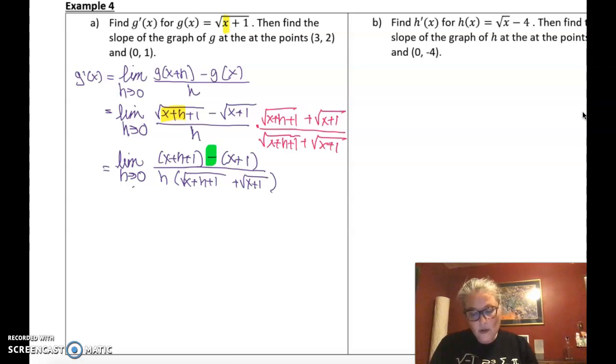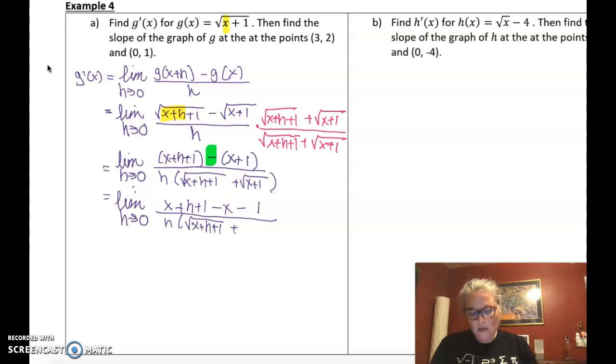And then when we distribute the negative up there, maybe we can cancel some things out. So I'll tell you, you can. It's going to be x plus h plus 1 minus x minus 1. That's where a lot of people go wrong. And then times h over h times all of that business down here in the denominator.